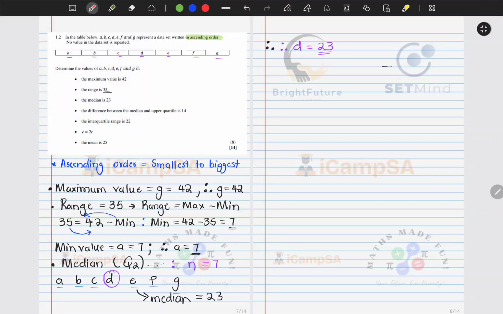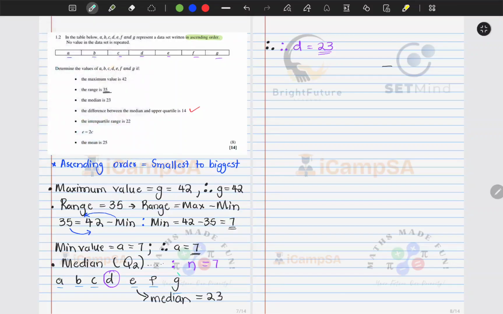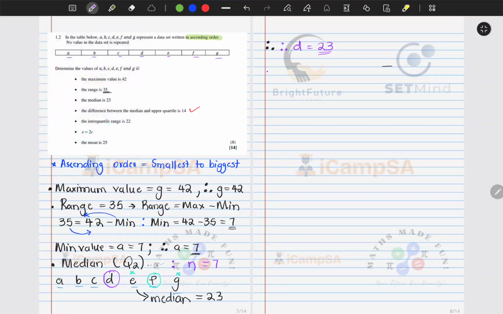With this out of the way, let's have a look at the next one, where they are saying the difference between the median and the upper quartile is 14. So let's have a look at where the upper quartile is. If you look carefully, if we are here at G and we are here, the upper quartile becomes F, which is Q3.